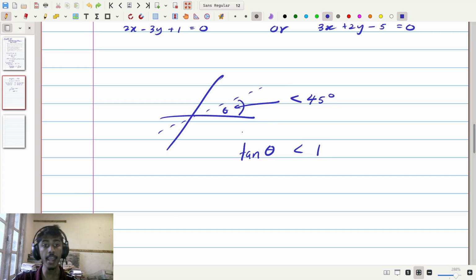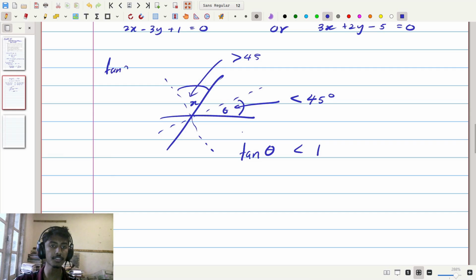Now considering the other angle bisector, this angle bisector is going to be bisecting an angle greater than 90 degrees, and therefore the angle in between here is going to be greater than 45 degrees. So if we call this angle x, then tangent of x must be greater than tangent of 45, which is 1.